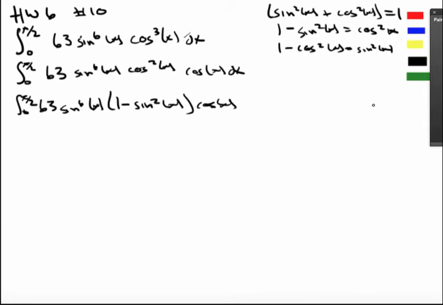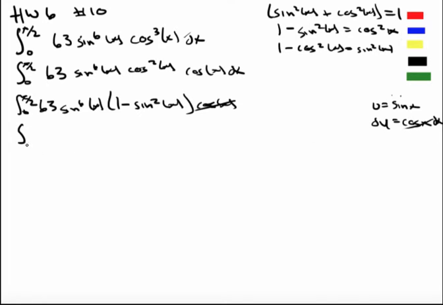And so we can go over here and do u equals sine x, and du equals cosine x dx. And so we can now cancel out this cosine and transform everything into u, but we also need to transform our bounds.